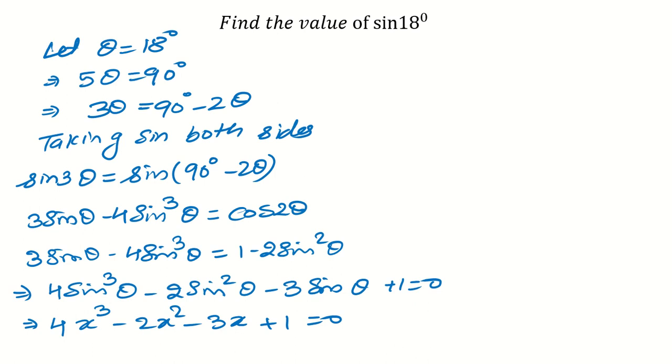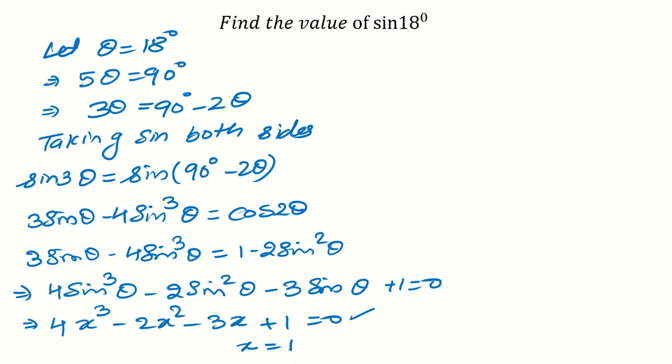It's a cubic polynomial and you will see that for x is equal to 1, or maybe for minus 1, it will become 0. Let's check it. If you put x is equal to 1 here, then it will be 4 minus 2, 2, 2 plus 1, 3. Yes, for x is equal to 1, it will become 0.